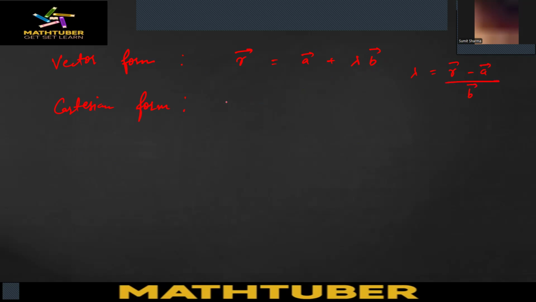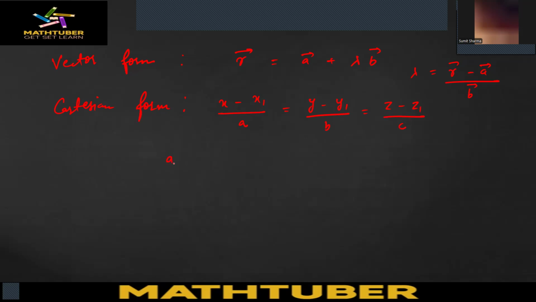So if we talk about all the direction ratios for these, it will be x minus x1 upon a is equal to y minus y1 upon b, and it is equal to z minus z1 upon c.